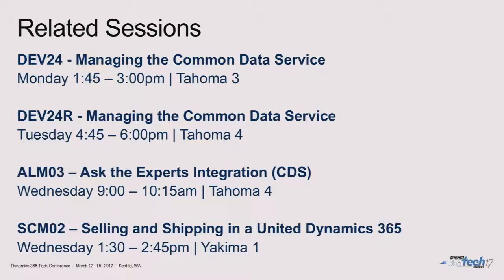So the question was, with the hybrid Dynamics 365 approach coming online, how does that work with the Common Data Service? I'll go back to the statement I made a little bit ago. The Common Data Service, if you were to draw a topology diagram, is a box hosted in the cloud. We would view the Dynamics 365 hybrid deployments as a data source to bring data in from, or if you're synchronizing, push data back out to.